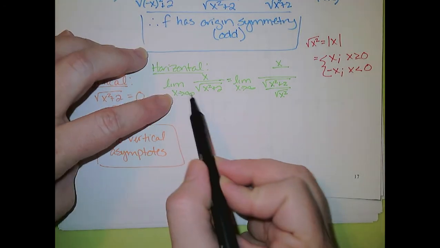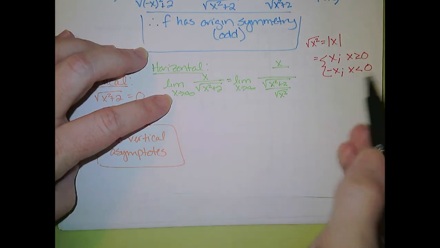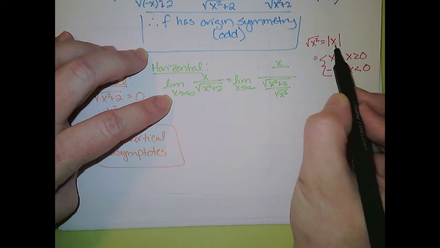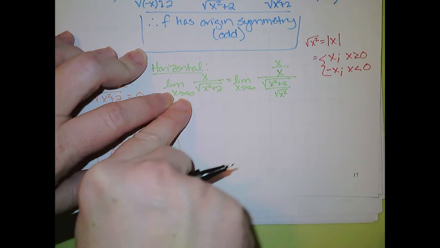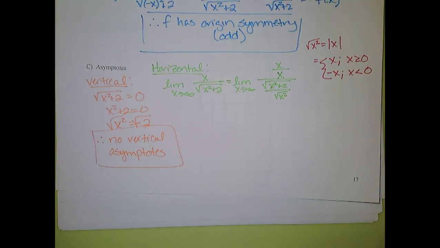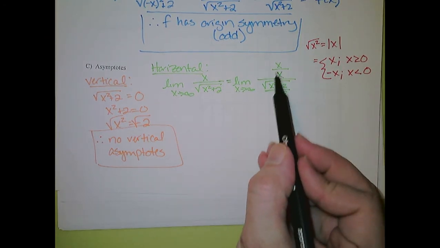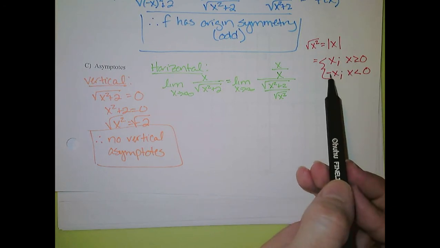If x is approaching infinity, then the square root of x squared, the absolute value of x, would have to be x, because we're definitely talking about values that are larger than 0. If we're approaching infinity, we have x values that are bigger than 0. So rather than writing this as the square root of x squared, I'm going to simplify it using my definition of absolute value. I know that that's going to be x.